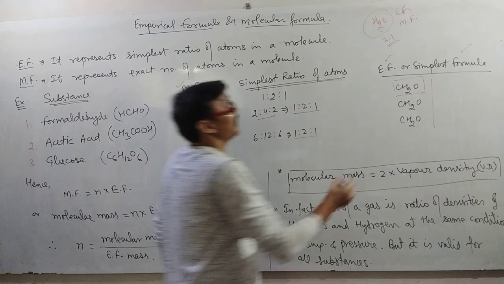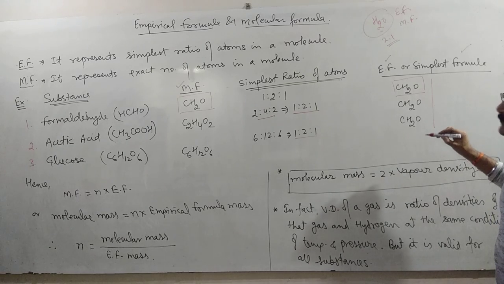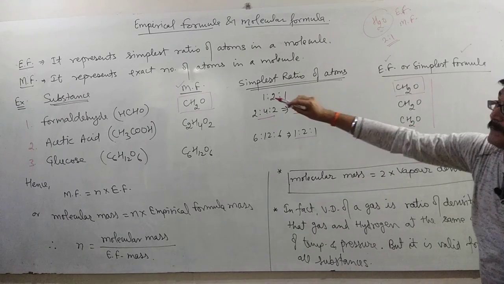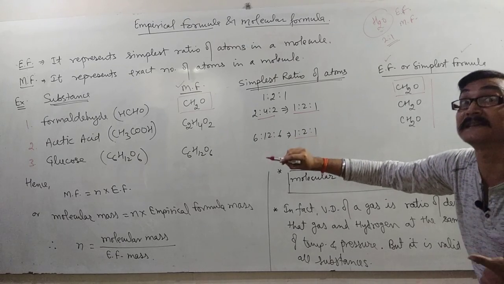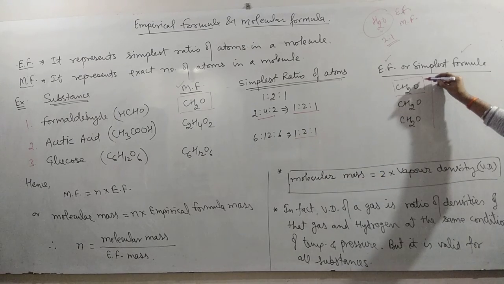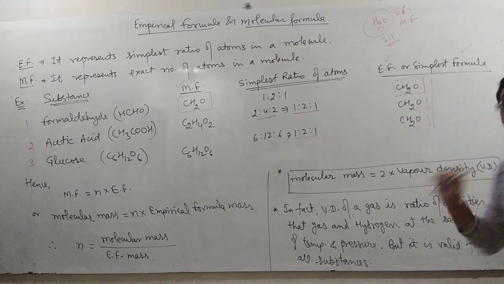And the empirical formula of two or more substances, for example, here formaldehyde, acetic acid, glucose, different compounds, different substances, have the same empirical formula CH2O.